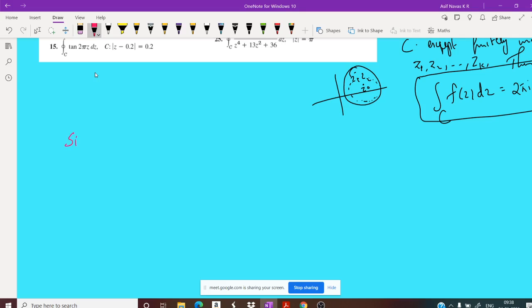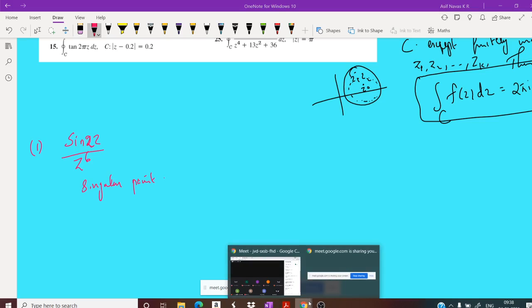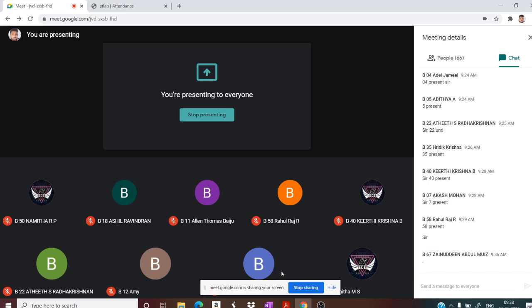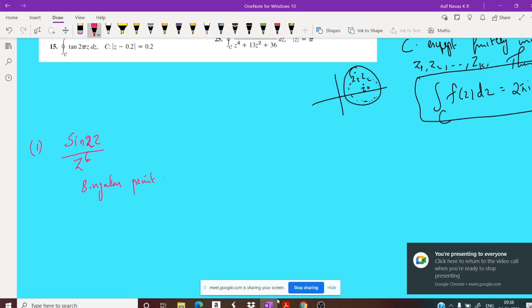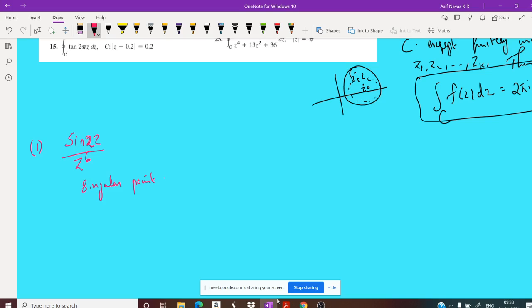Tell me, what is the singular point? Sin 2z divided by z raised to 6. How many singular points are there? Where is f of z not analytic?